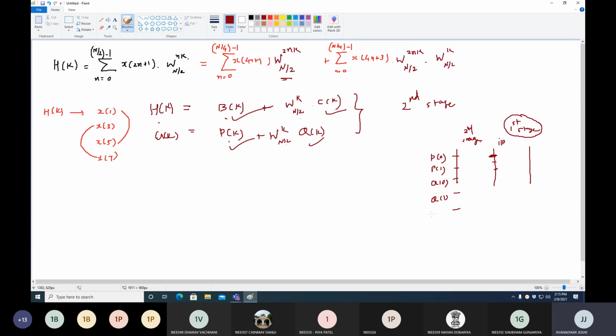Similarly, b of 0 here, b of 1 here, c of 0, and c of 1. You know that the range is from 0 to n by 4 minus 1. That's why total p terms will be 2, total q terms will be 2, similarly total b and c terms will also be 2. That's why p0 and p1 only, q0 and q1 only, similarly for b and c. Do you agree with me? Say yes or no. Yes, sir.